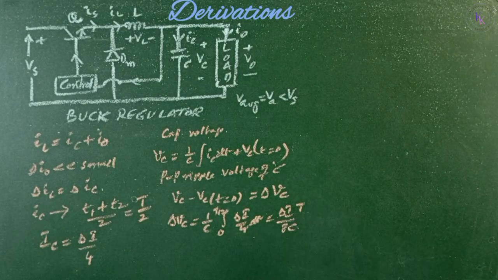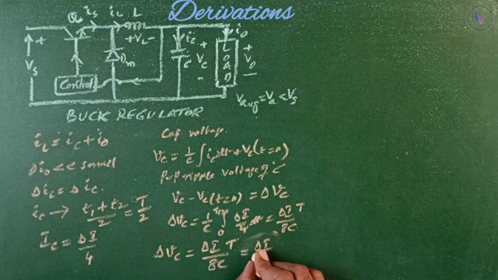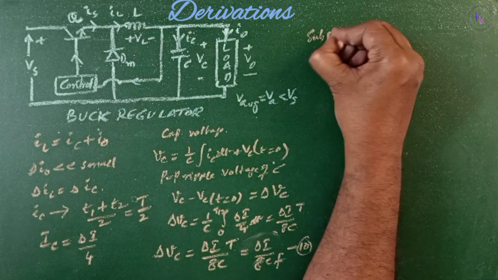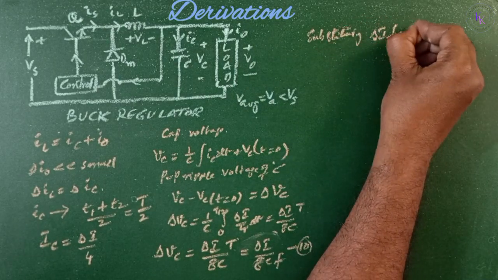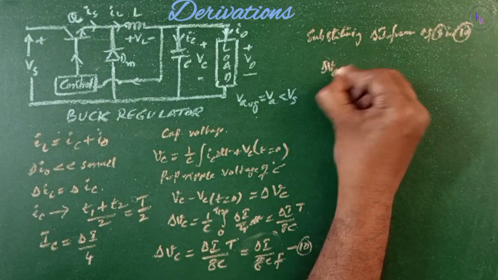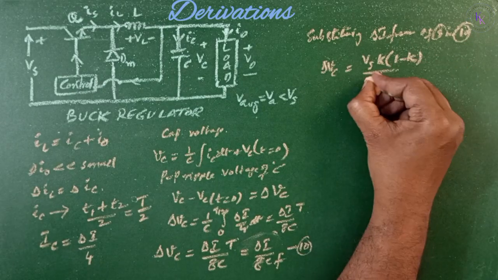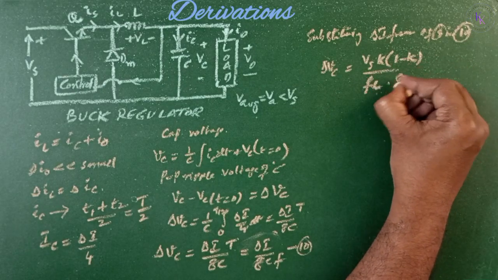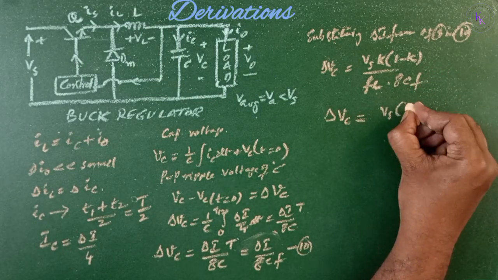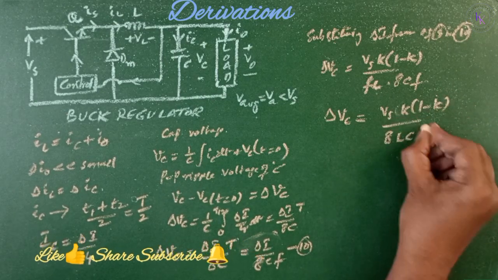In terms of switching frequency, that is delta I divided by 8 C F, equation number 10. Substituting the value of delta I from equation number 9 in 10, delta Vc equals Vs K of (1 minus K) by F L multiplied by 8 C F. Delta Vc equals Vs K of (1 minus K) divided by 8 L C F square.